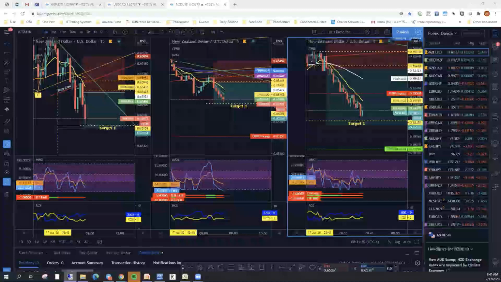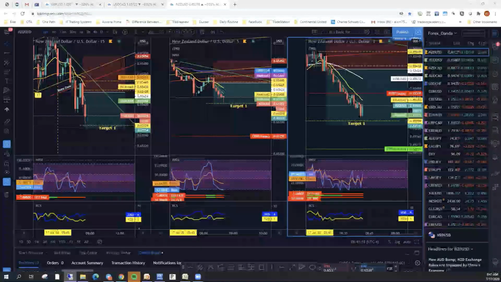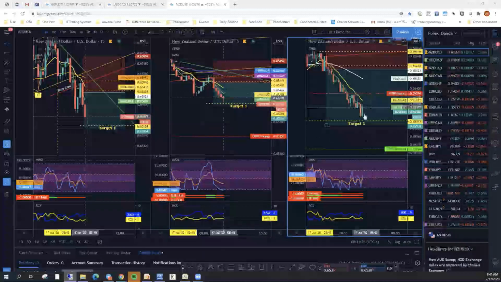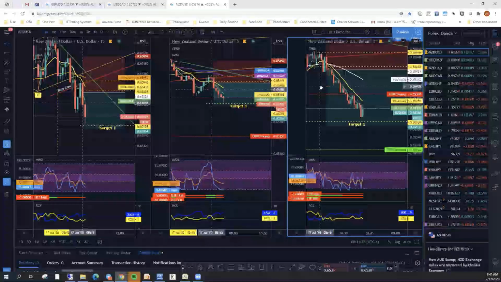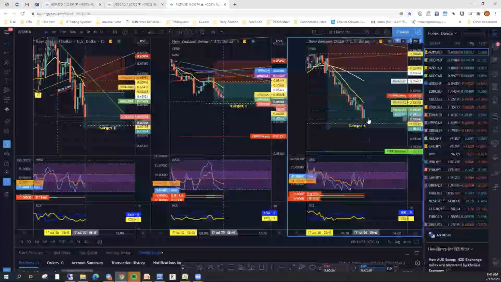Let's get a little bit more of a push. I love that angle of the Kiwi, but I just don't know how long it's going to last. Although that 15-minute was the only thing keeping me in it. It just looks really good. You see how this thing pretty much stopped right at the 50% mark.